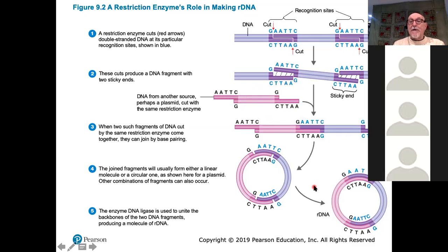So now we go to our plasmid. And we're going to cut with exactly the same restriction enzyme. And what we'll end up with is this. We end up with the same sticky ends. We'll end up with a TTAA that this could bind to, a TTAA that this could bind to. And it fits in there. Here's the plasmid, CTTAA.